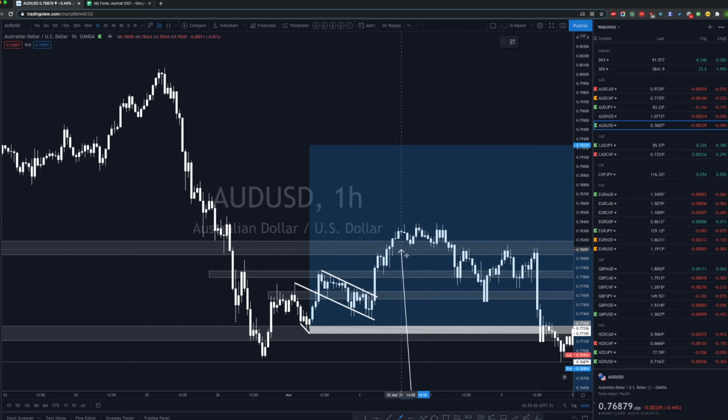Why I decided to book half my profits around this area is because we had this three wave move, right? So we had impulse, correction, impulse, correction, impulse, and then we had this consolidation forming.